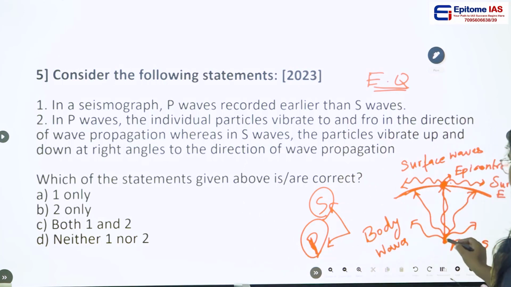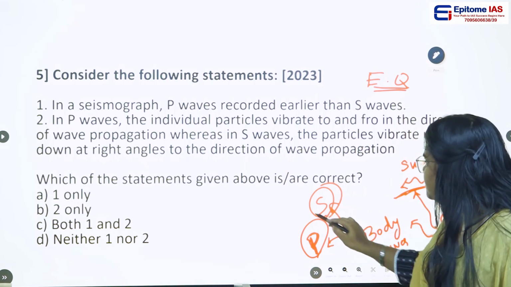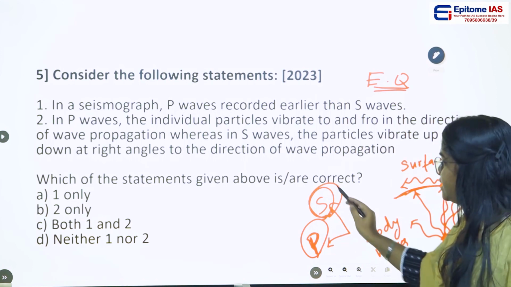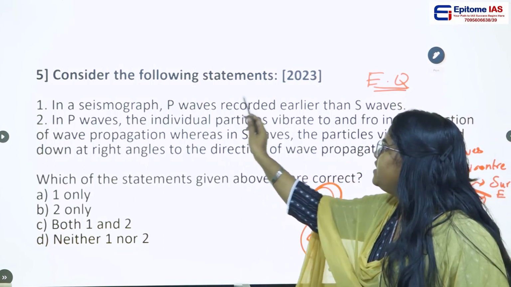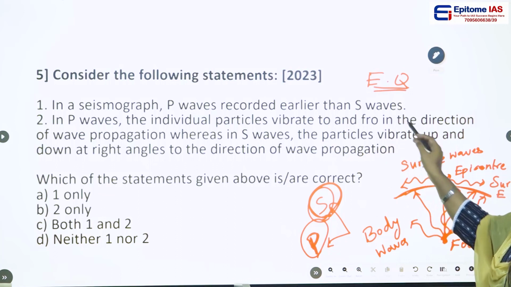So from the focus, the waves which travel faster and reach the surface of the earth are the primary waves, and those waves which are much slower and reach the surface somewhat slowly are the secondary waves. So the first statement says, in a seismograph, the P waves are recorded earlier than S waves.